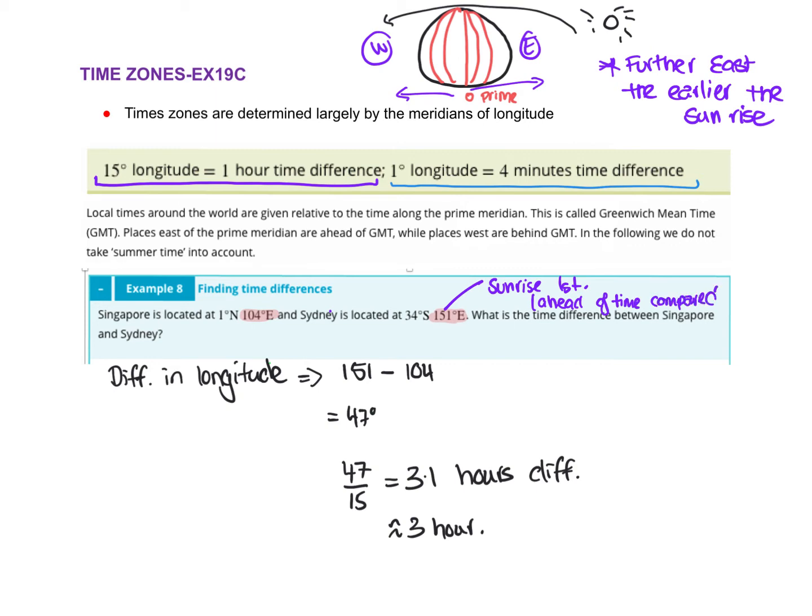Okay, so just to give you an example, if it was 8 a.m. in Sydney, then in Singapore, because they're 3 hours behind, or Sydney's 3 hours ahead, it would only be 5 a.m. Okay? So that's how you'll get more questions with things like that. But the only thing you have to look at is those longitude values, which have the east and the west on them.